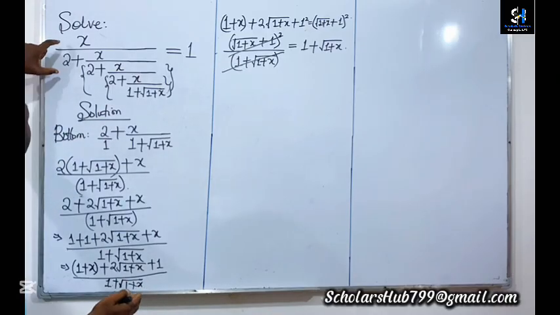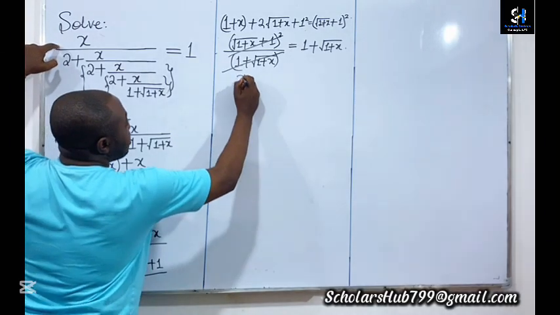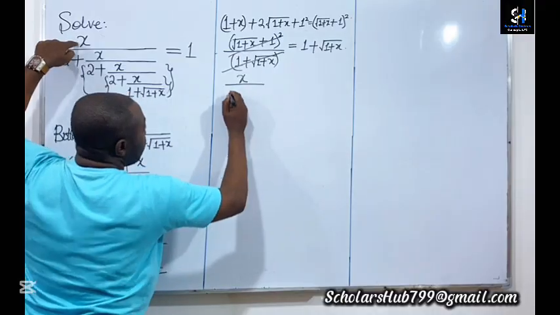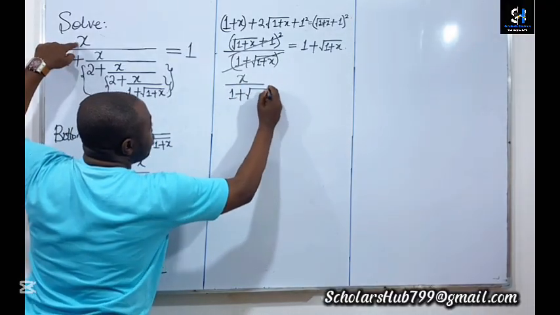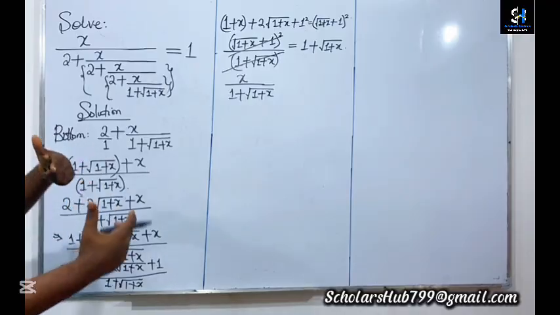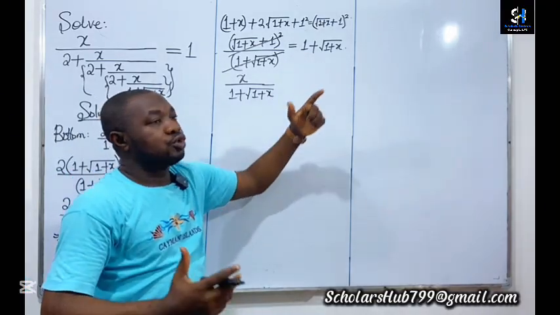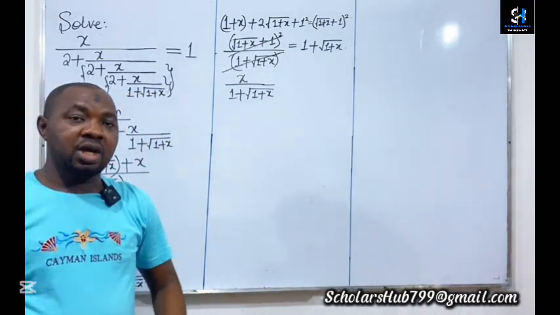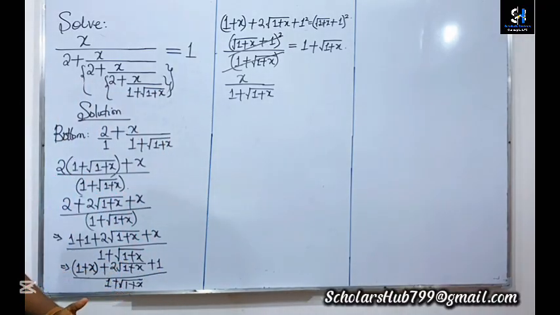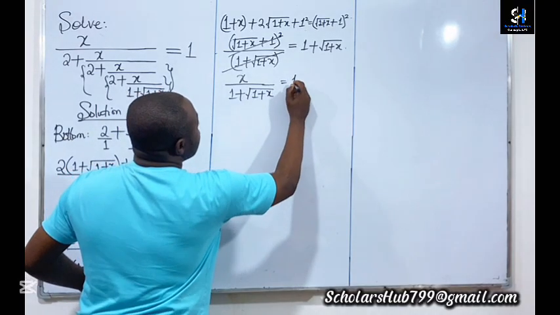So in all, the equation will now reduce to x divided by 1 plus root 1 plus x, since we continue to get the same 1 plus root 1 plus x as we simplify the bottom expression. This will now be equal to 1.